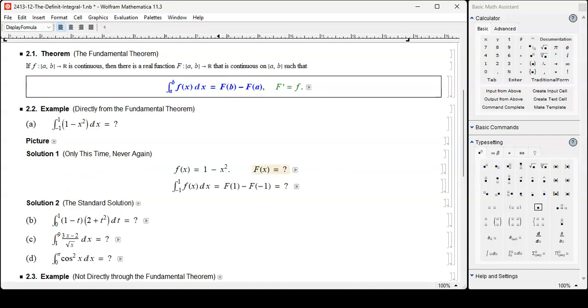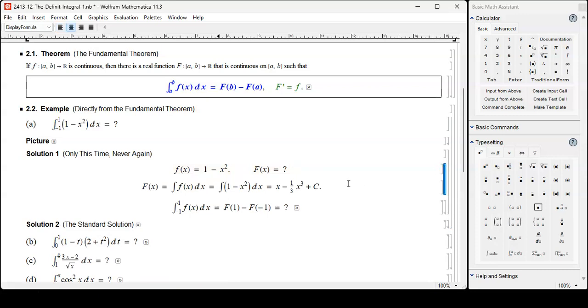So here we go. Set this up as lowercase f of x, and let's look for the capital F of x. It's just antiderivative computation. You see? 1 becomes x, x squared becomes 1/3 x cubed. And please check, if you take the derivative of the right-hand side, you're going to get 1 minus x squared back.